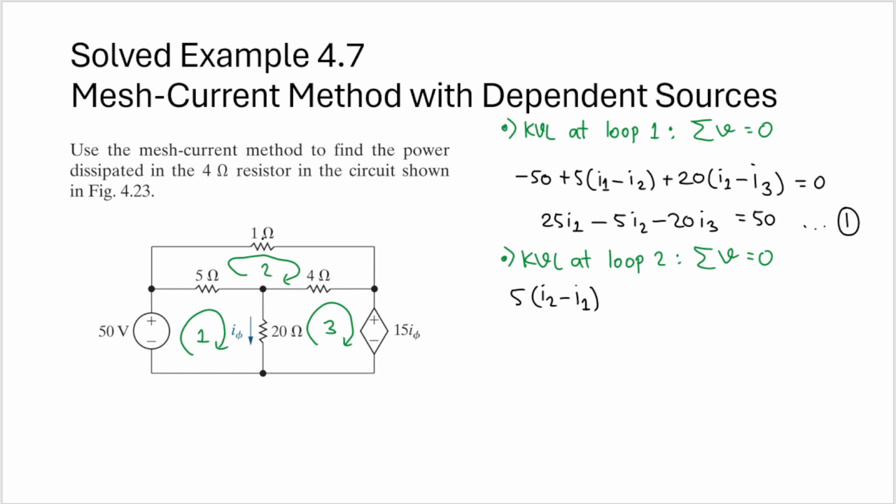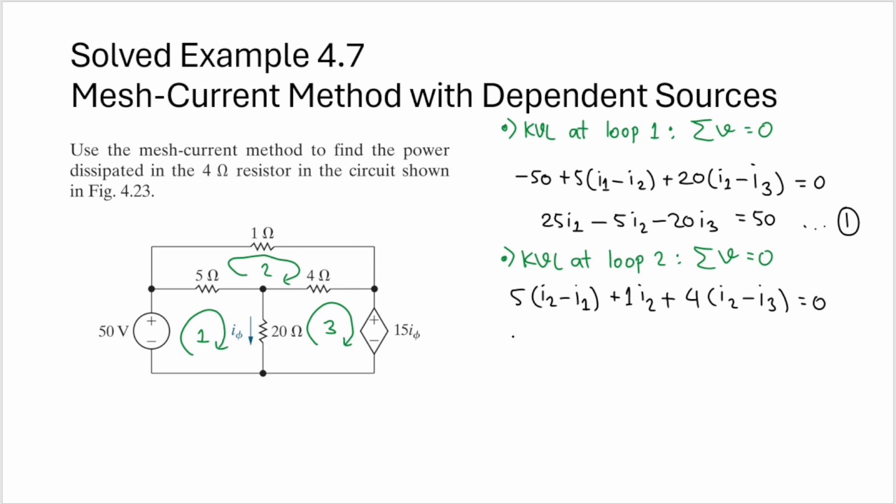The next one will be 1 here, so I'll have plus 1, and the only current that passes through this resistor is I2, so I'll have I2. And then we will have plus 4 multiplied by I2 first, but here I3 is flowing in the opposite direction, so I have minus I3. All of that will equal 0.